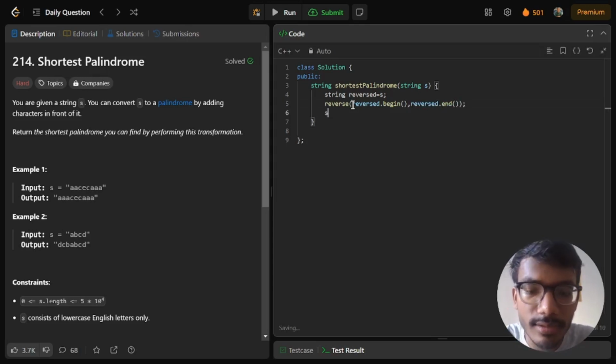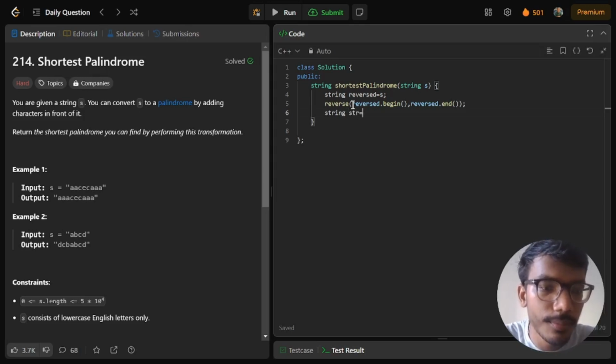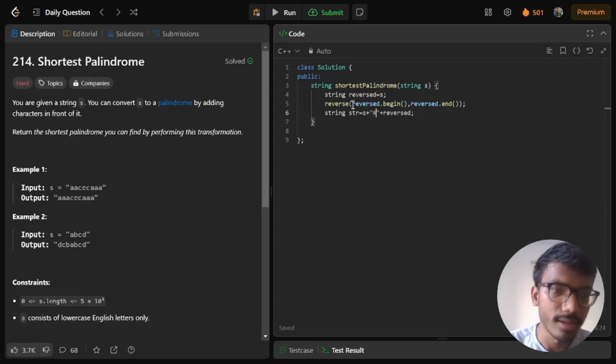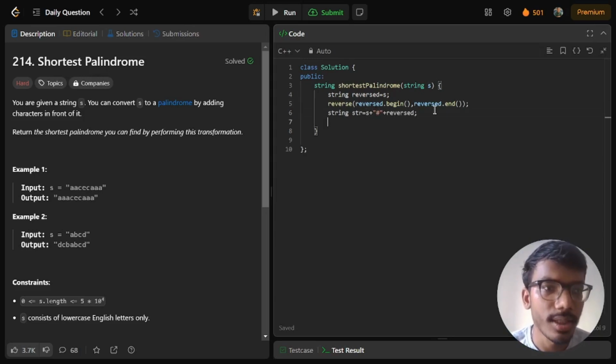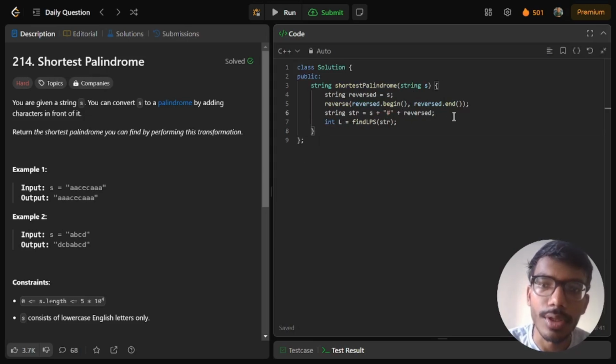Now what I'm doing is building a string str equal to s plus dollar plus the reverse. You can write any character, I mean, you can write hashtag as well. So this is my str. Now I'm calling the LPS function, find LPS for the string str.